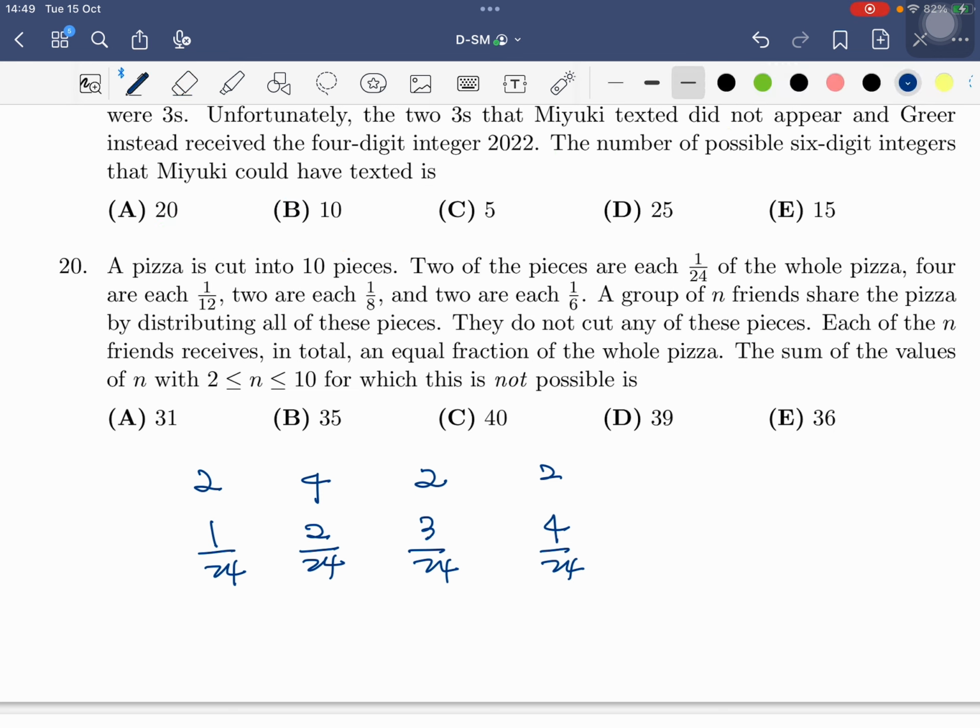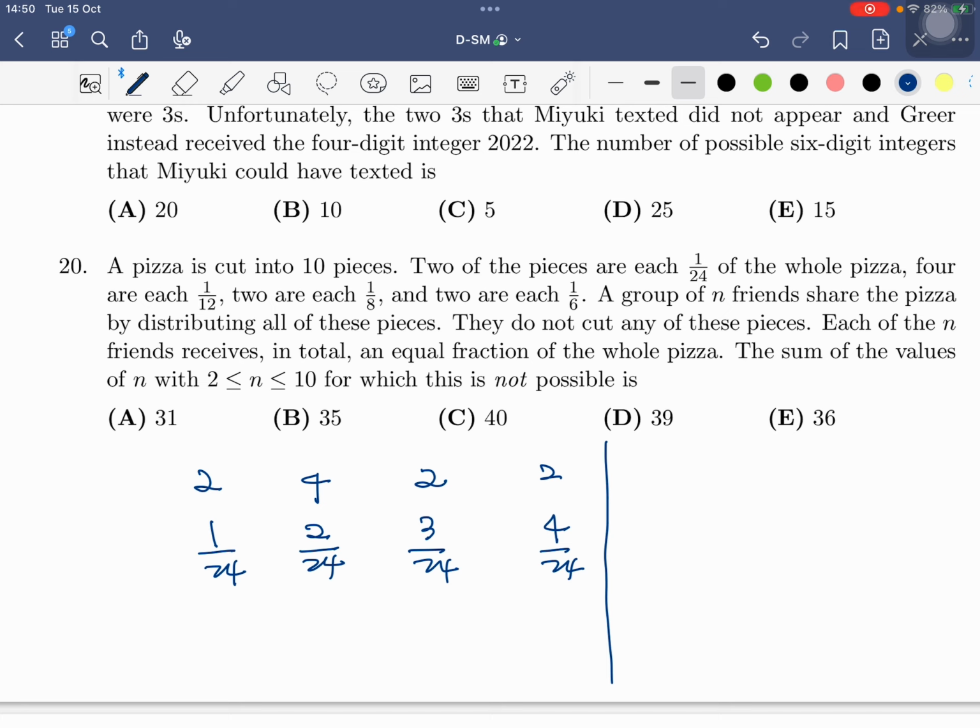So how can we share this? Let's do that. Because the denominator is 24, the distribution should happen within the factors of 24.